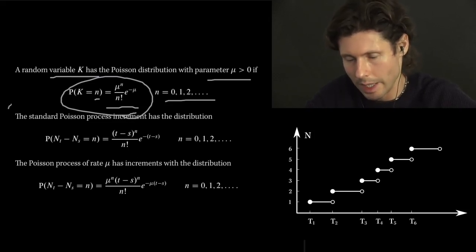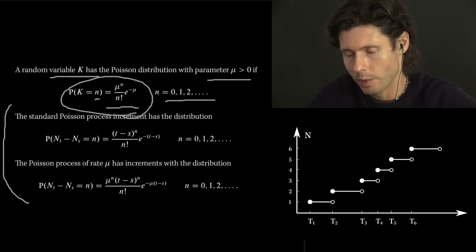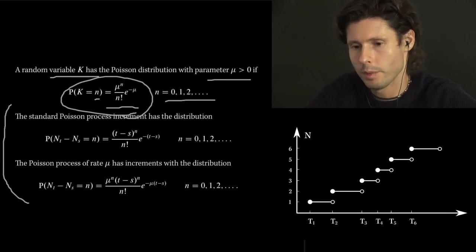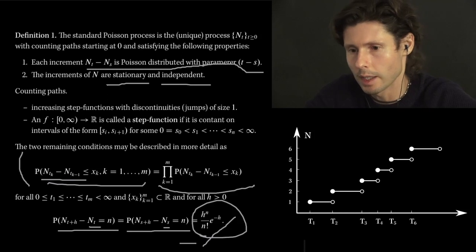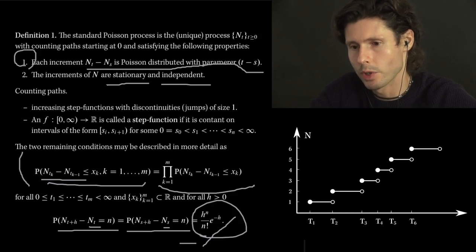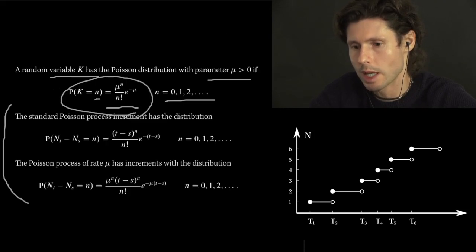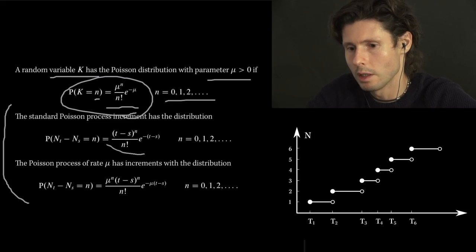But as it relates to the increments of the Poisson process, those have the Poisson distribution. So coming back again to here, item 1 says the increment Nt minus Ns better be Poisson distributed with parameter t minus s. That's exactly what you see here. So in this expression, I replace the mu, the parameter, with the length of the time associated with that particular increment.